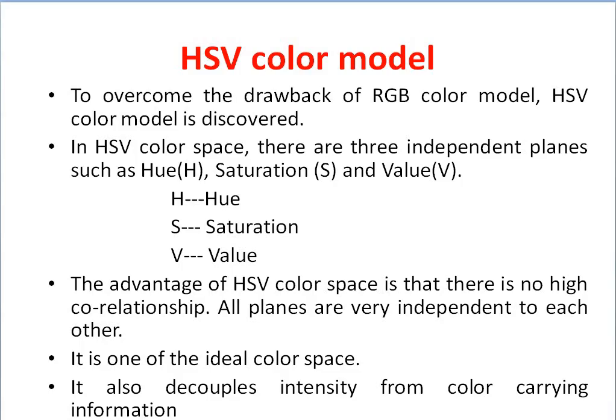Similarly, saturation gives the amount of white light added to the actual color. The percentage of white added to the hue is determined by a parameter, and this parameter is called saturation. The value plane simply provides the brightness of a color.